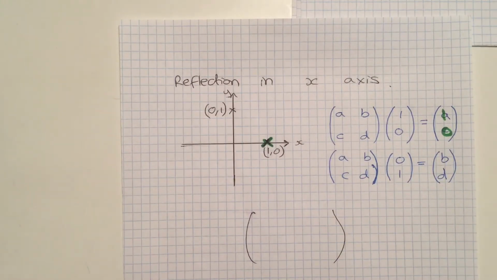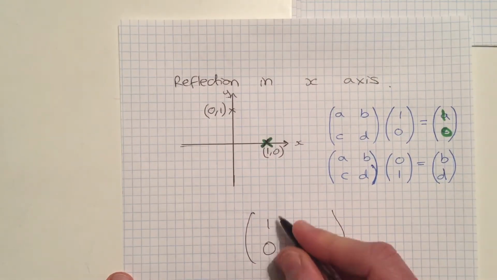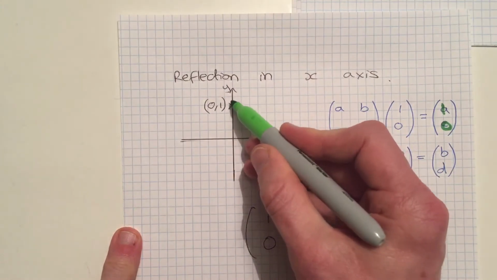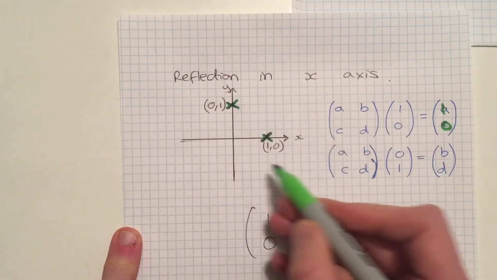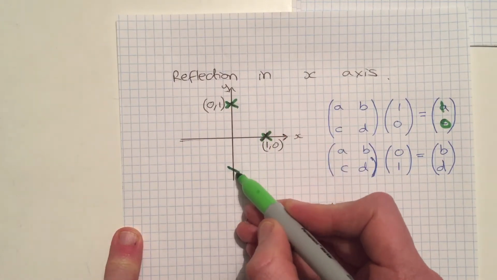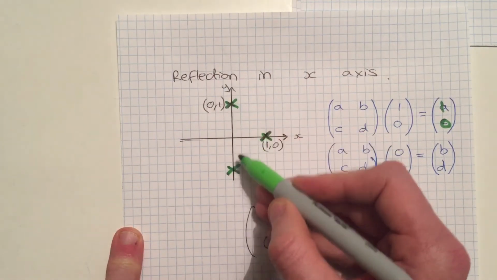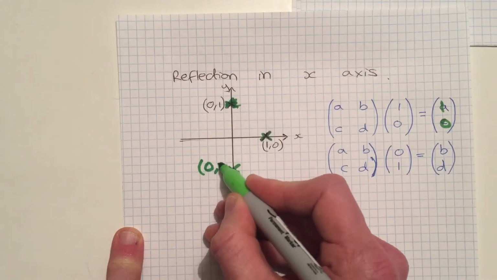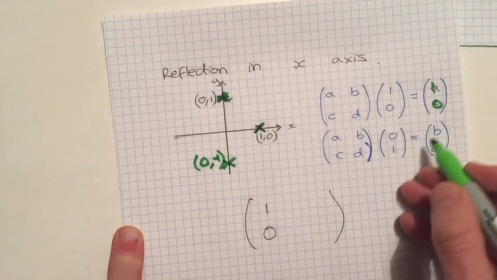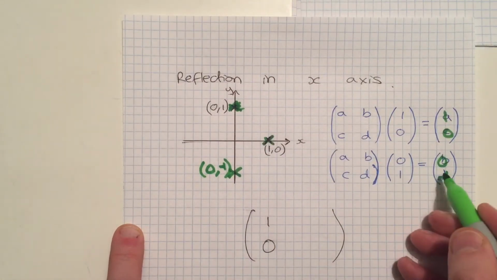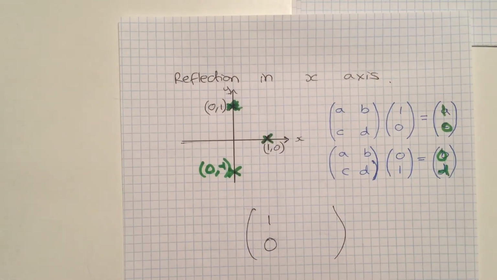So I know these are the first two numbers in my matrix. Whereas if I were to reflect this coordinate in the x-axis, this would get reflected down to here. So this is the coordinate 0, minus 1, which is my B and D. This coordinate gets mapped to 0, minus 1.